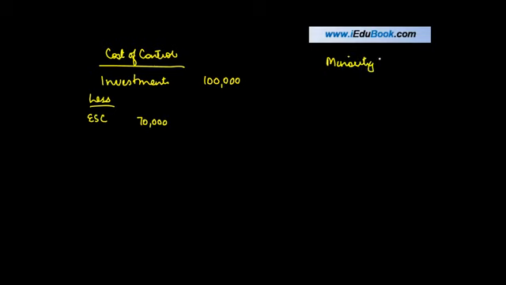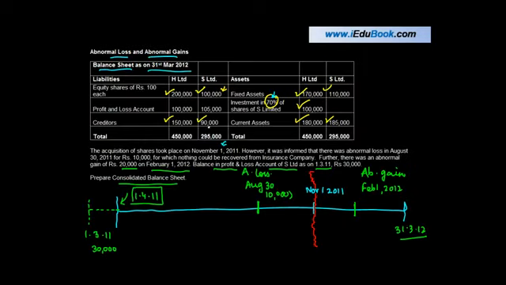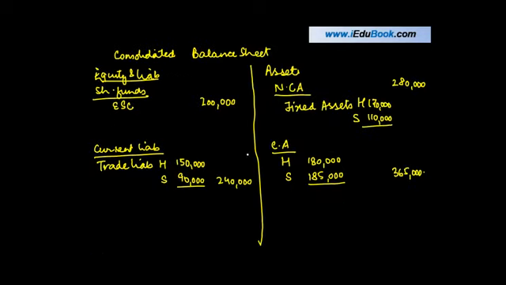So when we do the calculation of minority interest, equity share capital 30,000, right? Then profit and loss account 1 lakh for H Limited. Again, in shareholders' funds only you have reserves and surplus. So let's keep the profit and loss account 1 lakh.